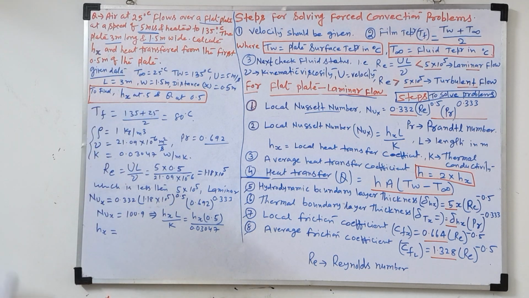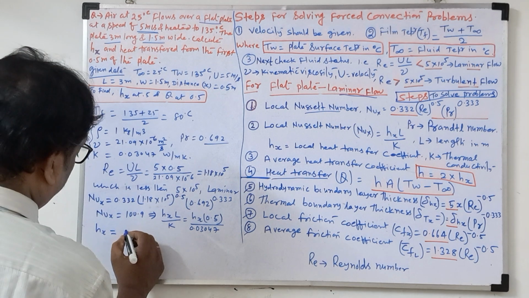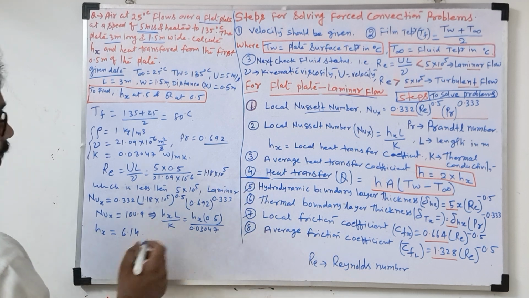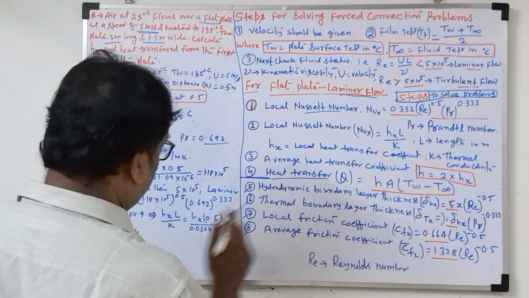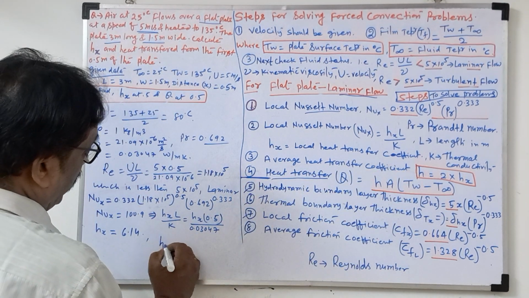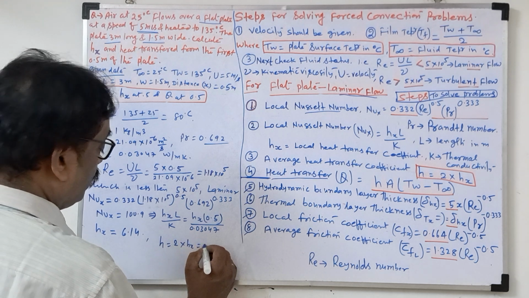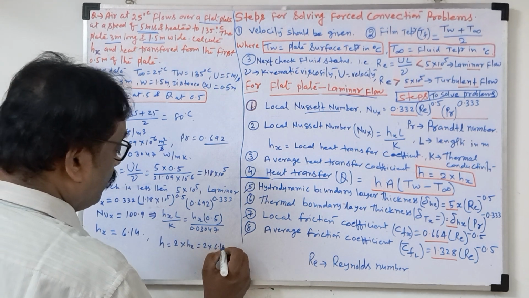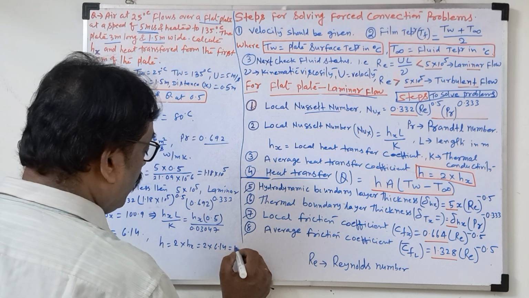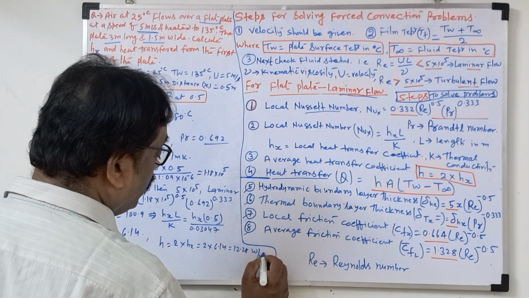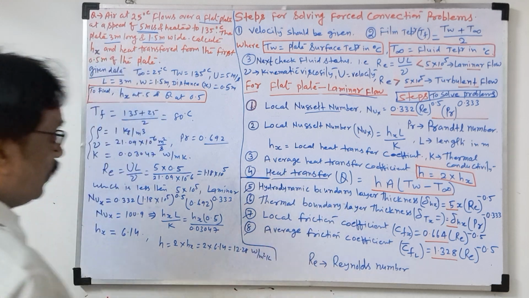You will get 6.14, local heat transfer coefficient. Then what is the average heat transfer coefficient? Average heat transfer coefficient h is equal to 2 into h x. So 2 into 6.14 comes 12.28 watt per meter square Kelvin.